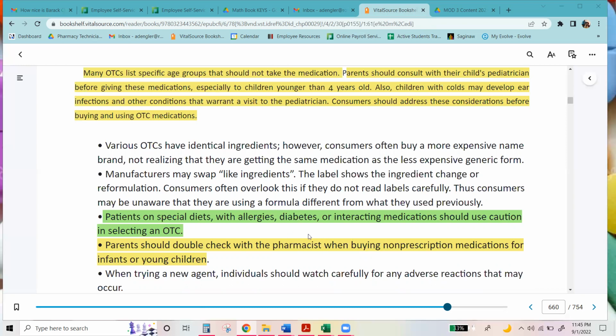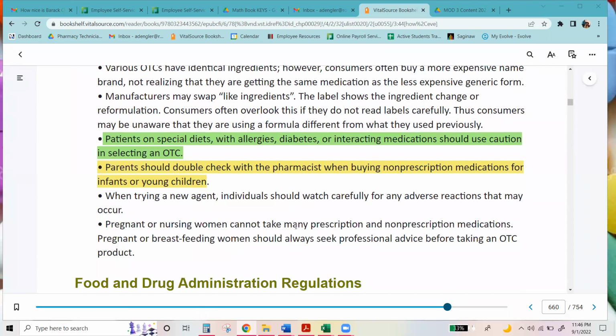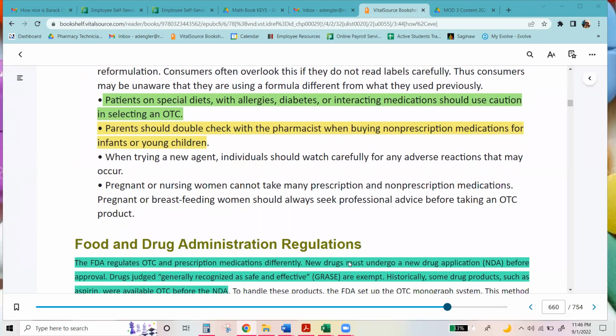Patients on special diets with allergies, diabetes, or interacting medications should use caution in selecting an OTC. Parents should double check with the pharmacist when buying non-prescription medications for infants or young children. And when trying a new agent, you should watch carefully for any adverse reactions that may occur.